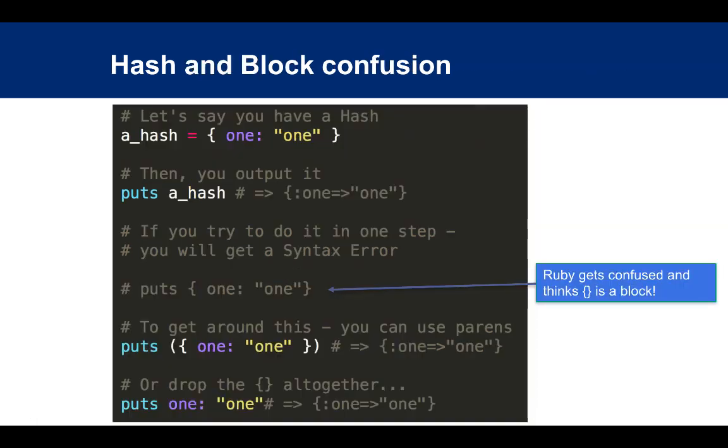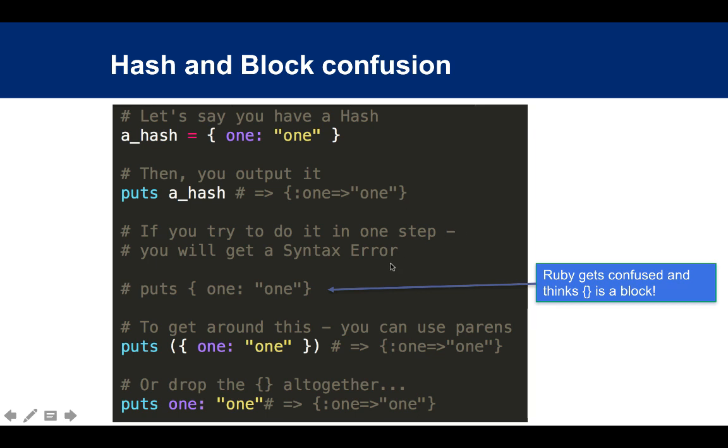So let's talk about the hash and the block confusion. So let's say you have a hash called a hash with a key value of 1, 1, 1. And then you want to output the hash. So you say puts a hash. Okay, so that works great. You get 1, 1.